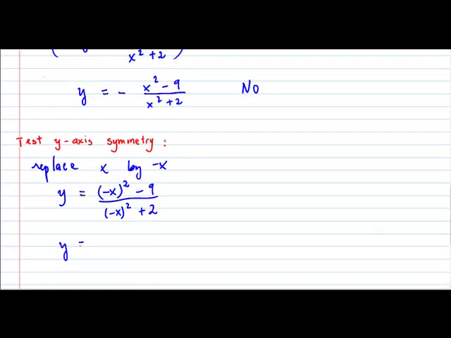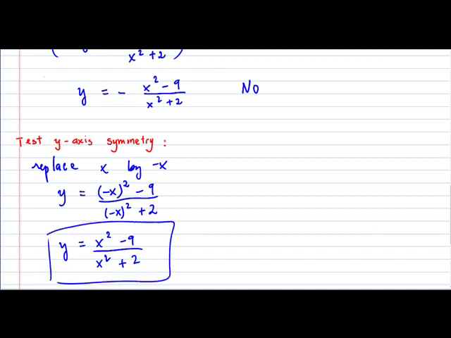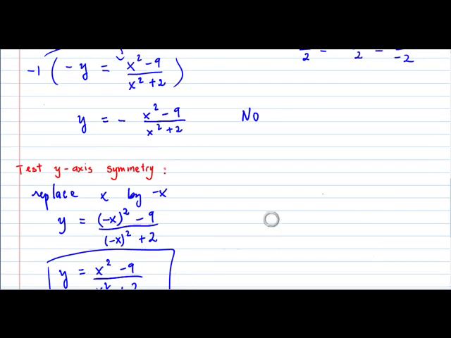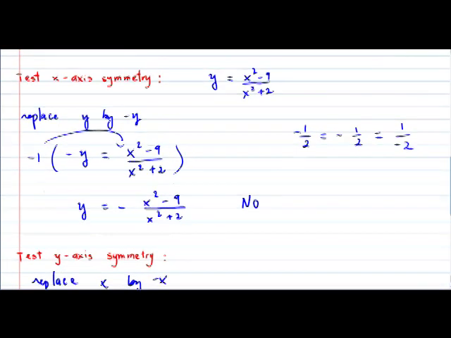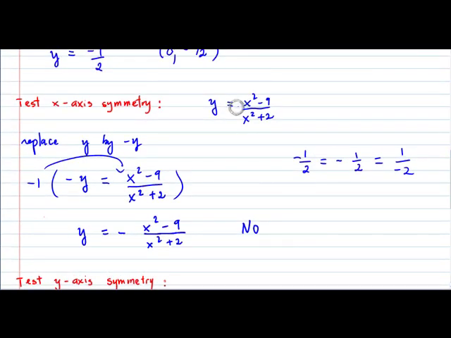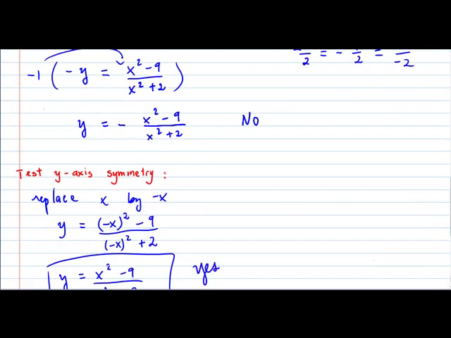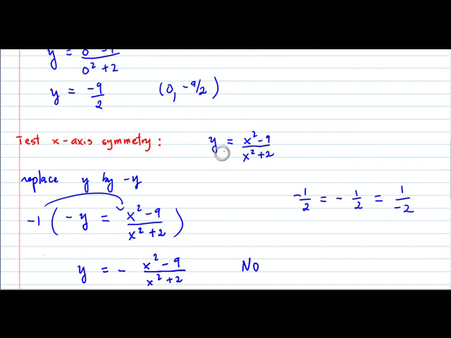Minus x times minus x is x squared, positive, minus 9. Also minus x times minus x is x squared, plus 2. This is our result after we replace x by minus x. Then we ask ourselves, does this result look exactly the same as the original? And the answer is yes.